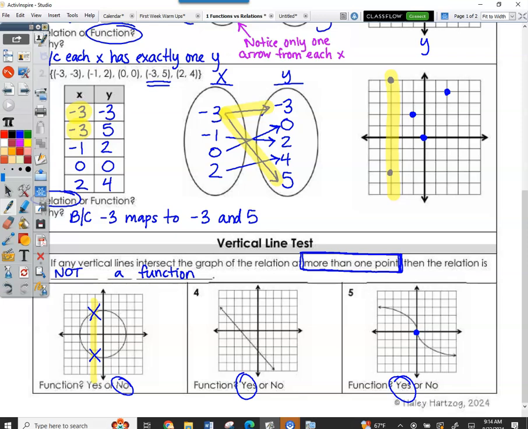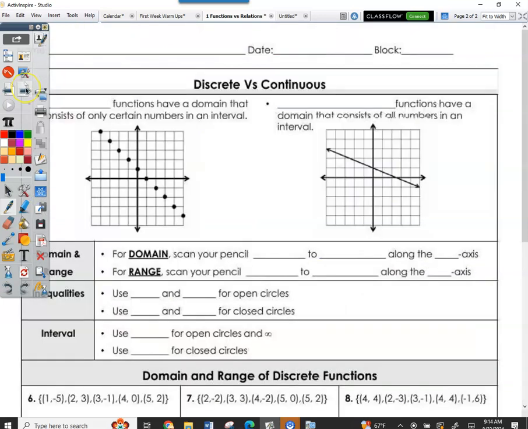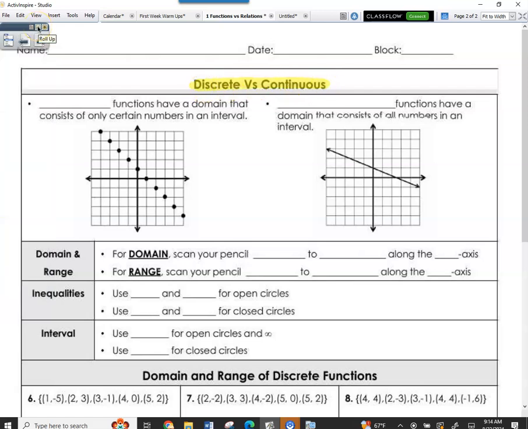All right. Turn the page to the back. Now we're going to talk about discrete versus continuous. Take your highlighter and highlight these words. You need to know what discrete versus continuous means in terms of math.